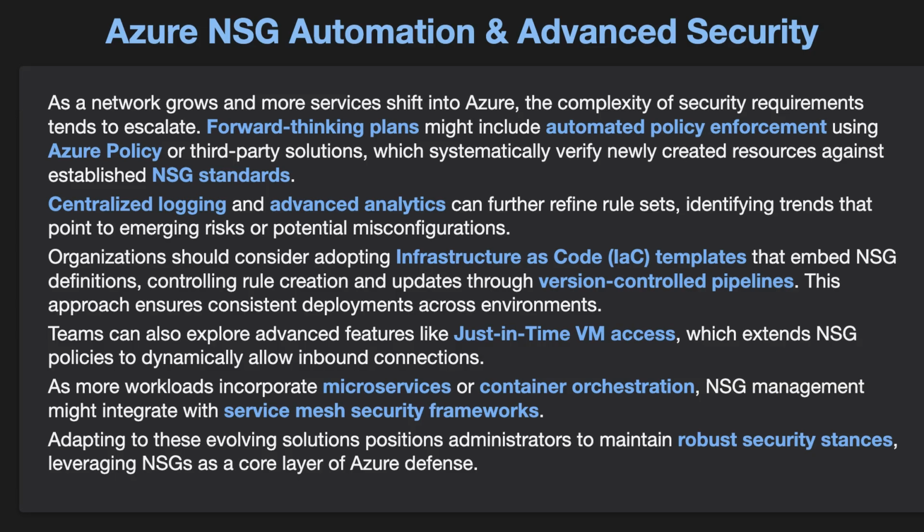Centralized logging and advanced analytics can further refine rule sets, identifying trends that point to emerging risks or potential misconfigurations. Organizations should consider adopting infrastructure as code, IaC, templates that embed NSG definitions, controlling rule creation and updates through version control pipelines. This approach ensures consistent deployments across environments.